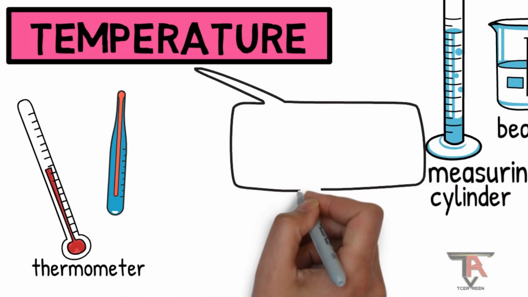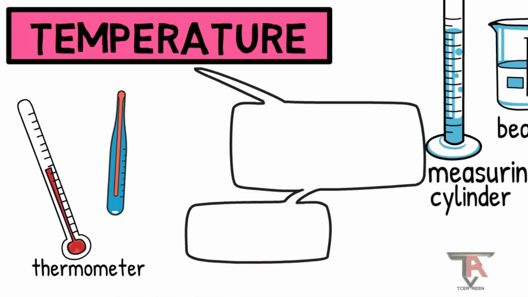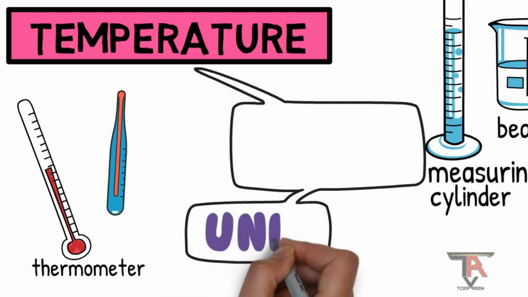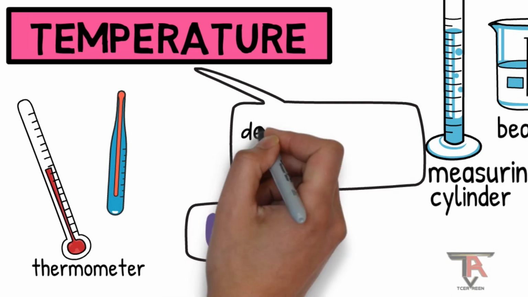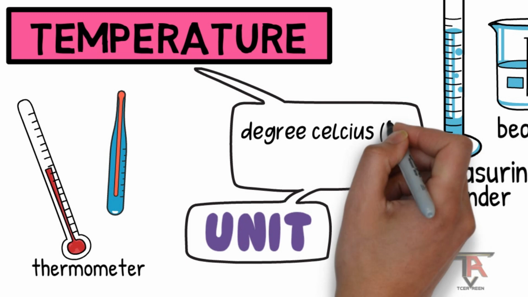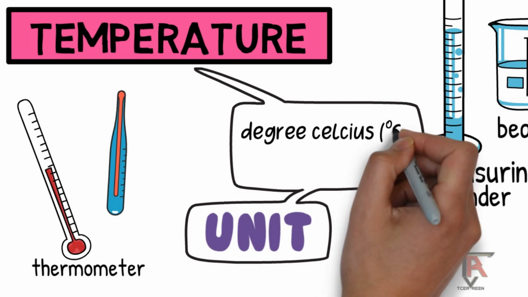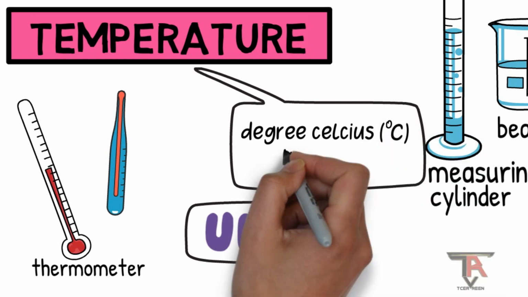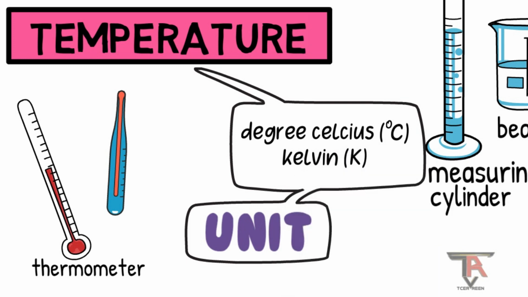And clinical thermometer can be used to measure temperature with an accuracy of 0.1 degree Celsius. The unit for temperature is degree Celsius and Kelvin. However, the SI unit for temperature is Kelvin.